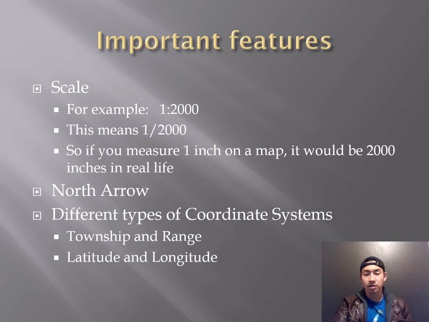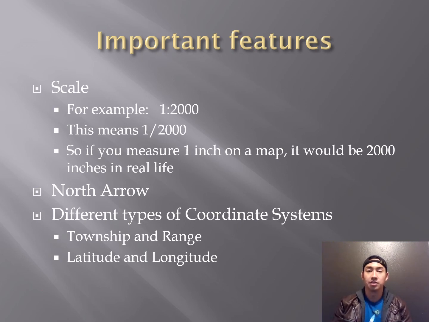Remember, some important features on a map are the scale, north arrow, and different types of coordinate systems. In scale, for example, we have a 1 to 2000 scale ratio, written in ratio format, which is also the same as 1 over 2000.